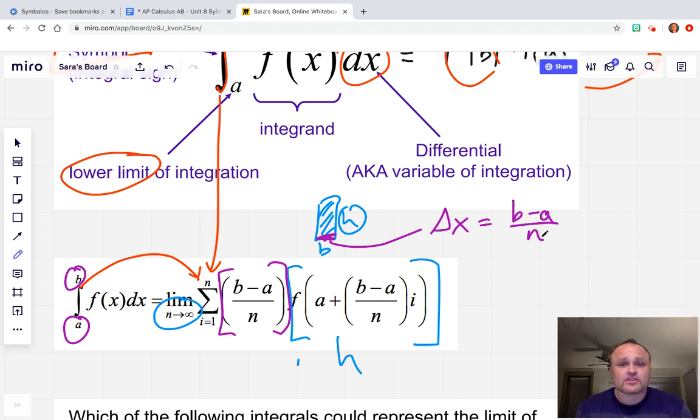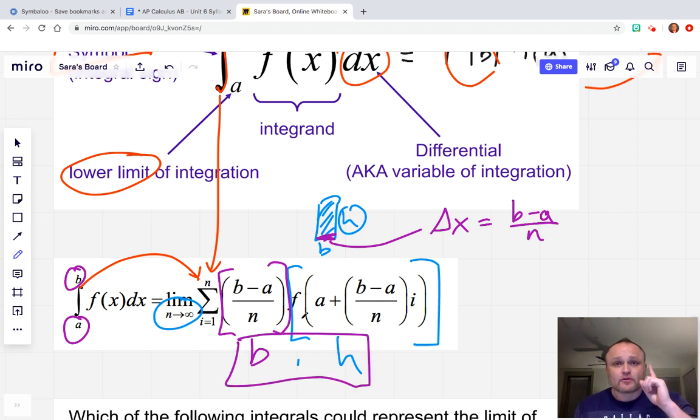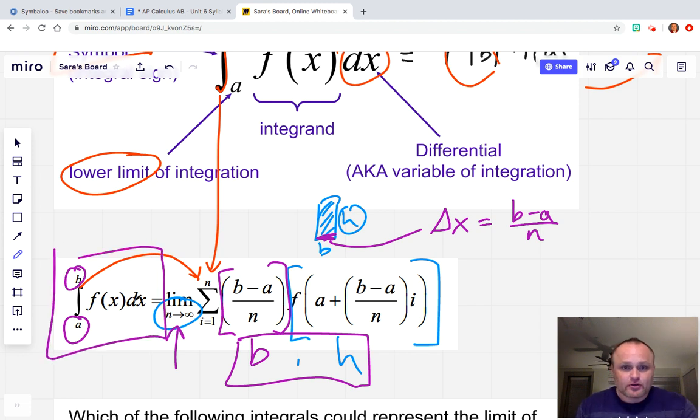That's the equation that'll give you that delta x, and that delta x is the base. So this base times the height basically is just one rectangle's area. And we're adding all the rectangles. So we're saying an infinite number of rectangles. This would give us eventually the exact answer, which we now deem as a definite integral.